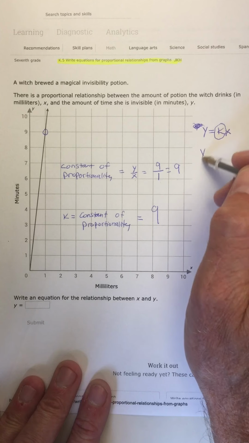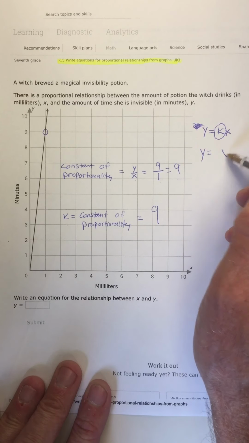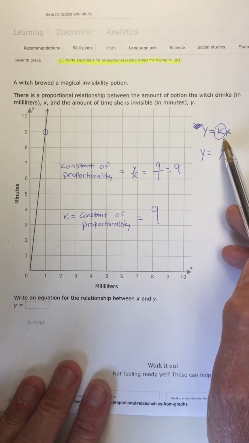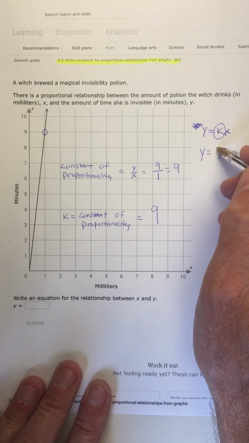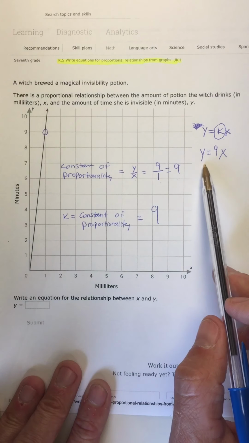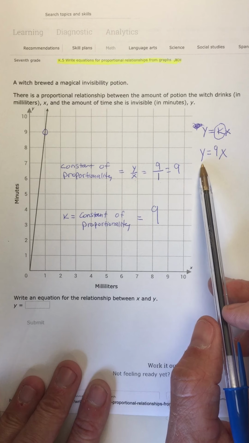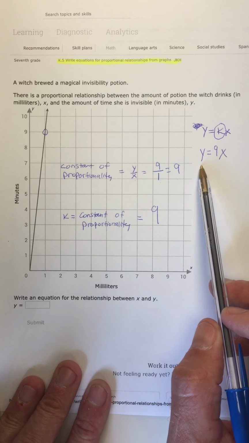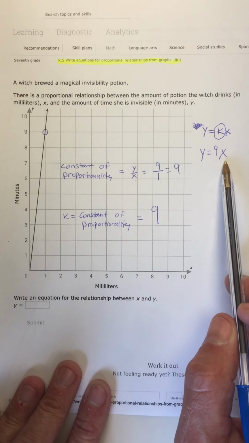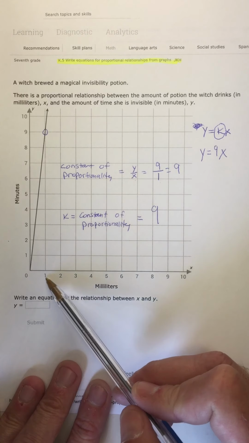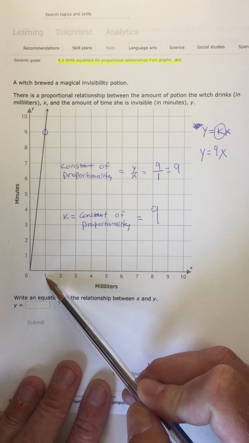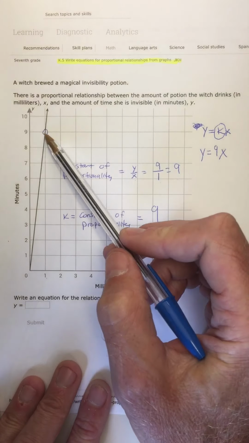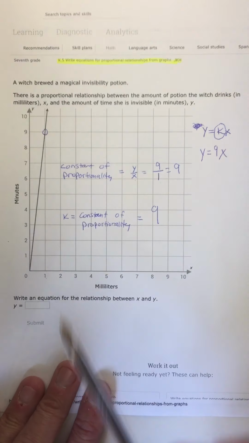So I'll keep the y, I will keep the x, and I will replace the k with the number 9. Let's double check. What this is saying is the y-coordinate is 9 times the x-coordinate. So if the x-coordinate is 1, 9 times 1 will get you 9. And that's how we do it.